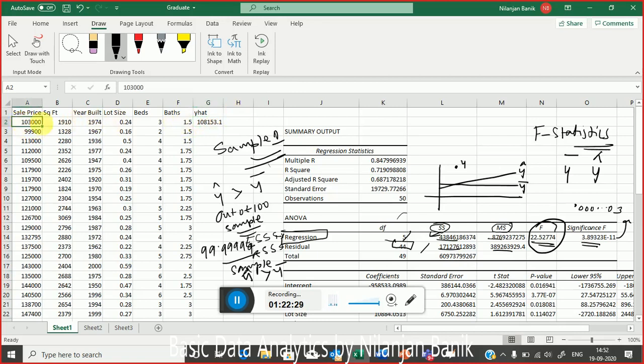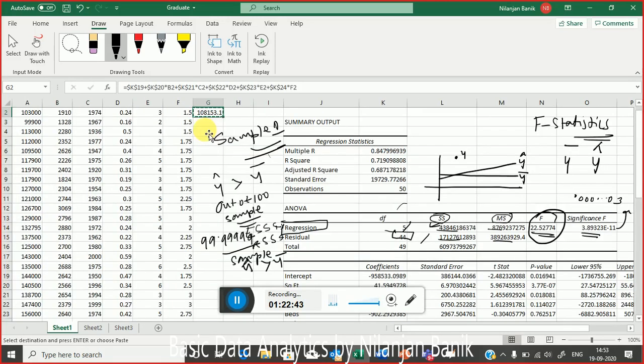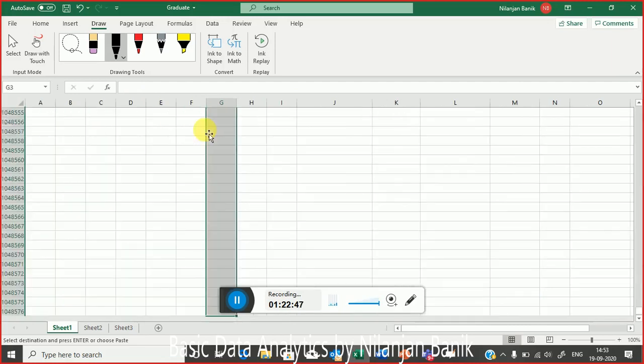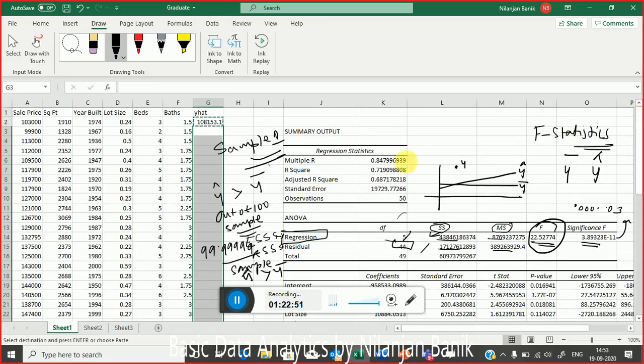So if I were to look at the estimated value for all other prices, what I have to do is copy this and just drag it, that's enough.